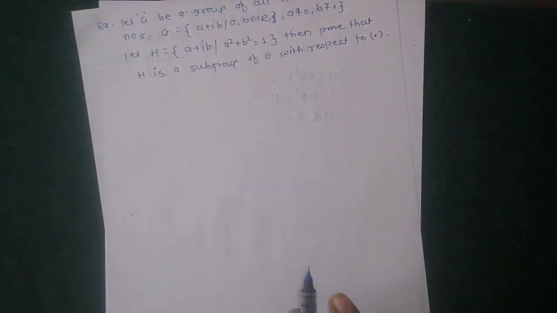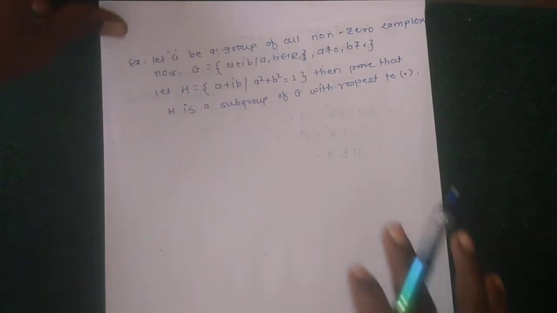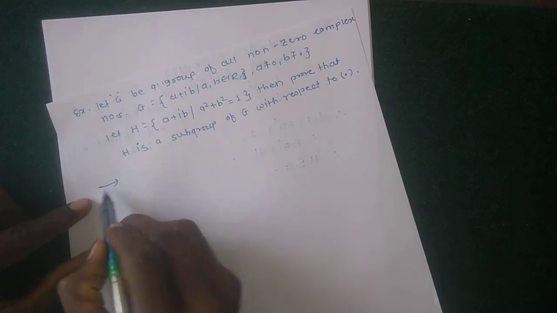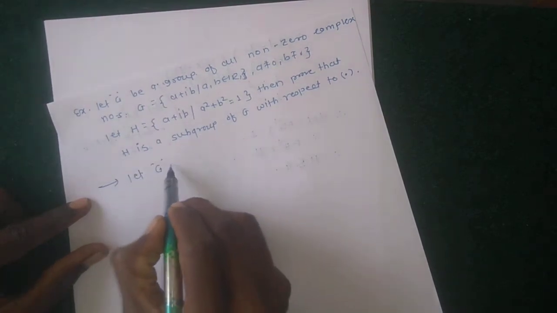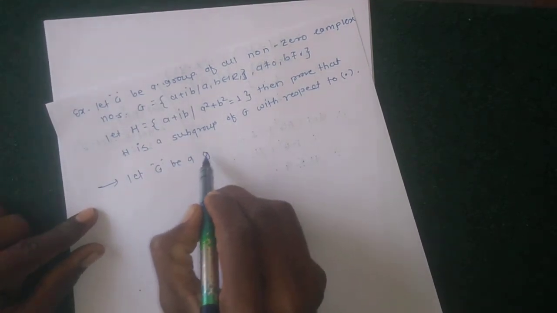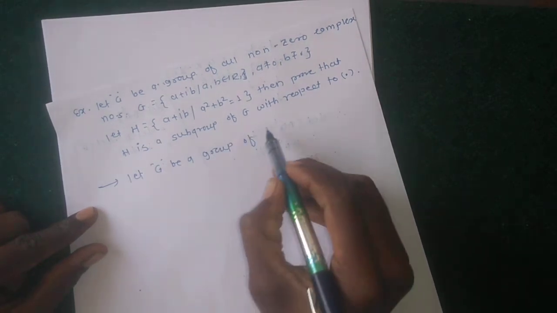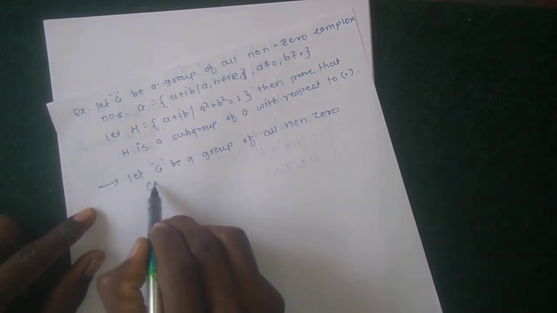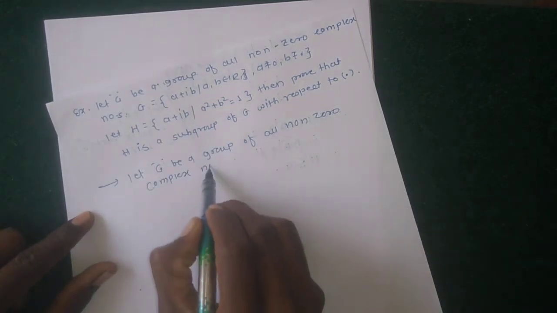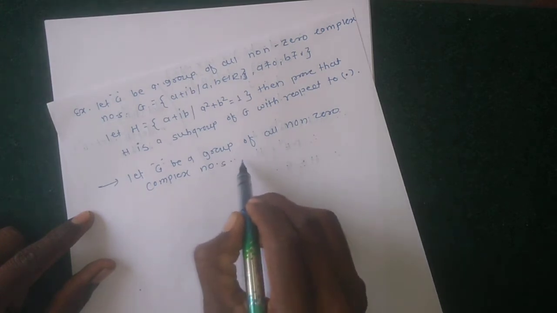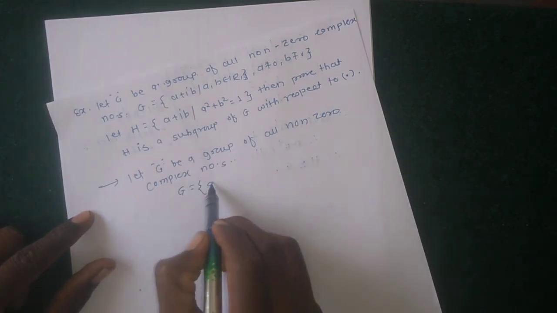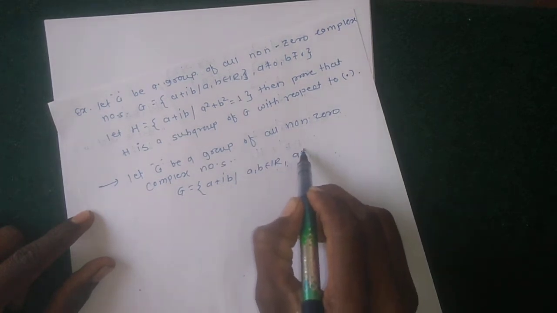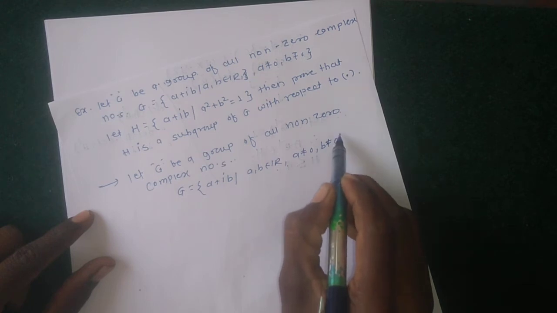Okay, solution of this example. Let G be a group of all non-zero complex numbers, such that G equals a plus ib, where a, b belong to the set of real numbers and a is not equal to 0, b is not equal to 0.